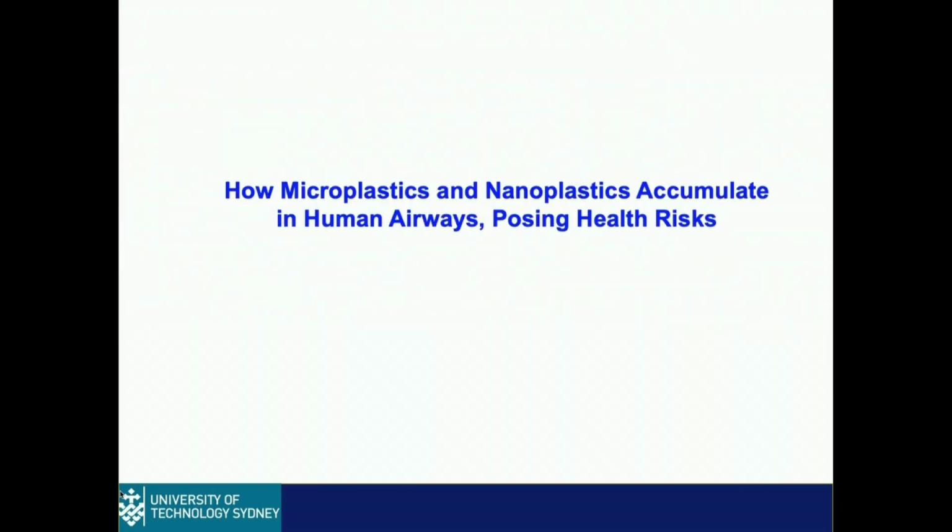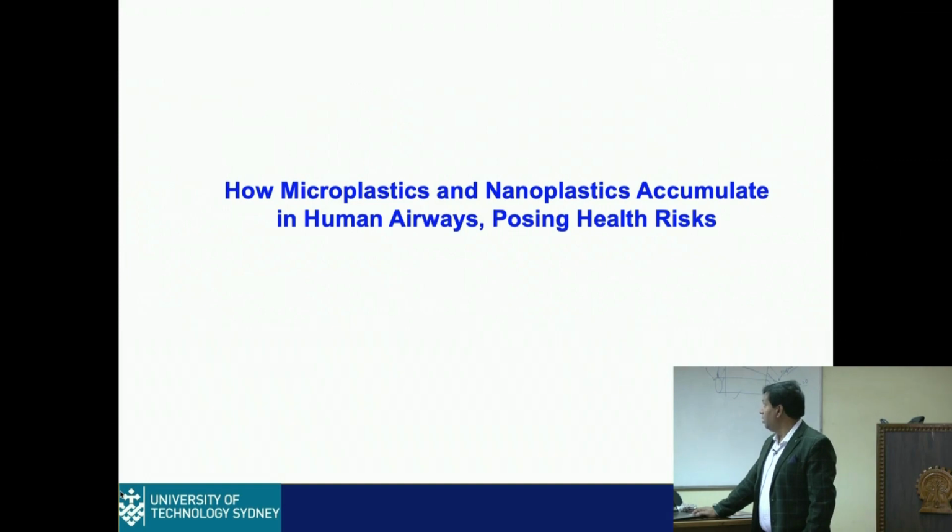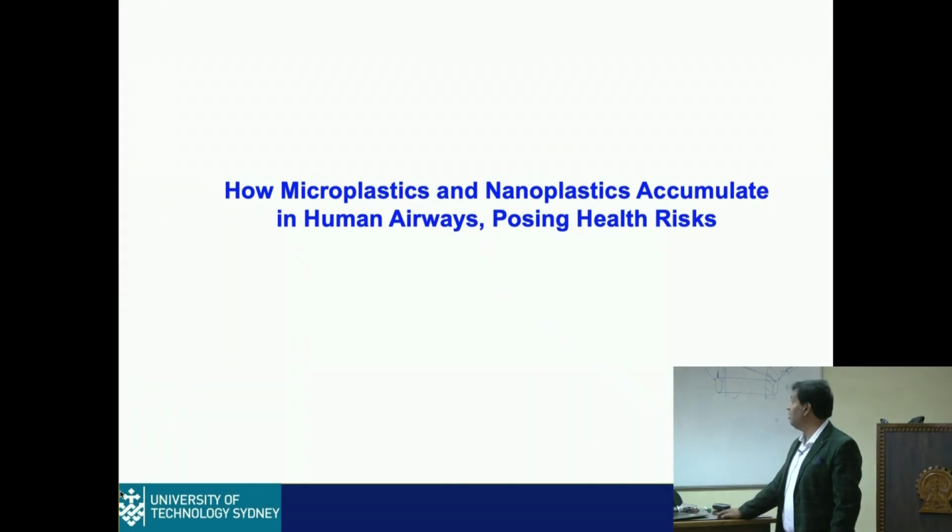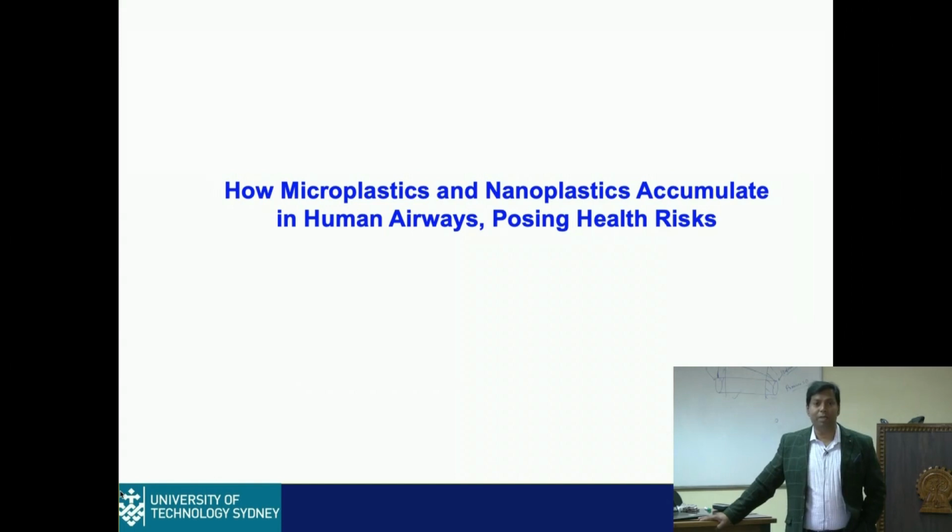So, now the one I just told you, how microplastic and nanoplastic particles accumulate in human airways, posing health risk. This is my very recent study, and we did a lot of review papers to try to understand what is happening all over the world with this.